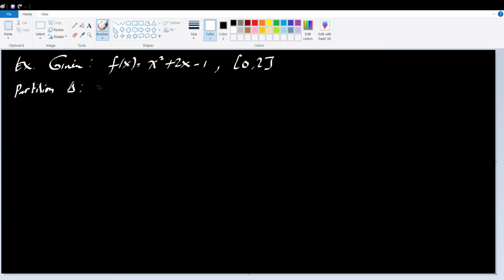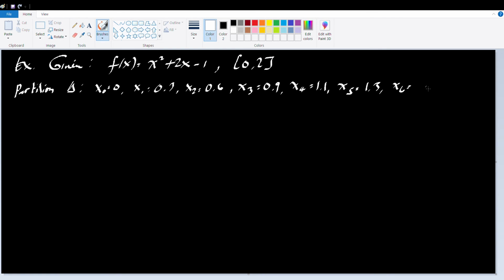Say x sub 0 is 0, x sub 1 is 0.3, x sub 2 is 0.6, x sub 3 is 0.9, x sub 4 is 1.1, x sub 5 is 1.3, x sub 6 is 1.5, x sub 7 is 1.9, and x sub 8 is 2. Right?